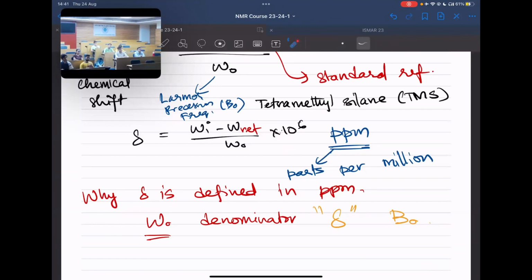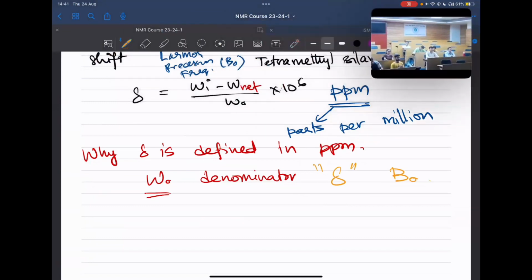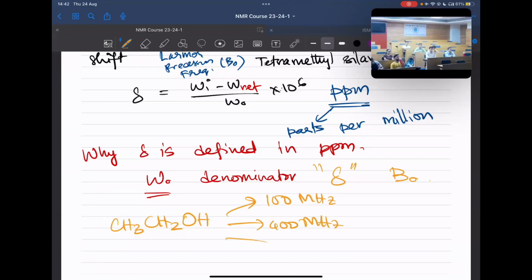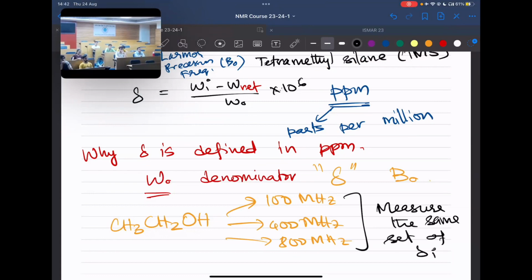This is an extremely important thing to understand, because as we go on, we will realize that in the chemical shift frame, irrespective of whether you take the spectrum of methanol at 100 megahertz, 400 megahertz, or 800, or any spectrometer field strength, you will literally measure the same set of chemical shifts for the nuclei that are involved. I hope this makes sense.